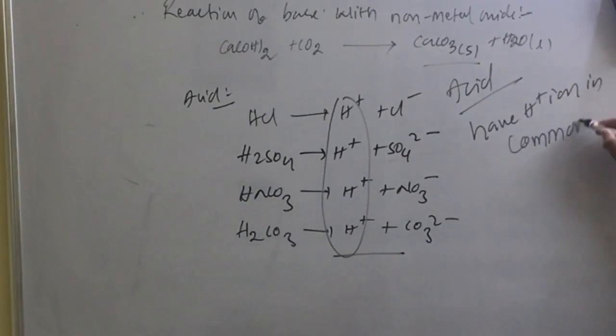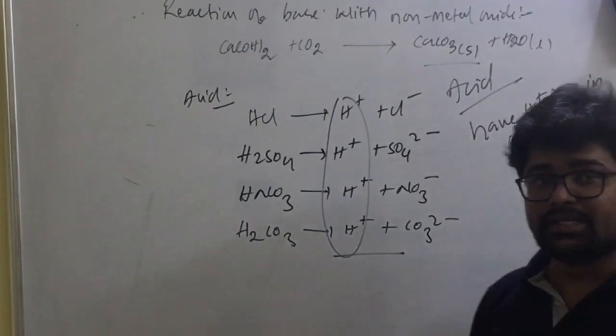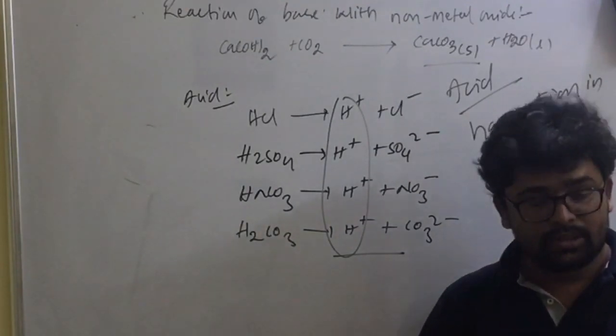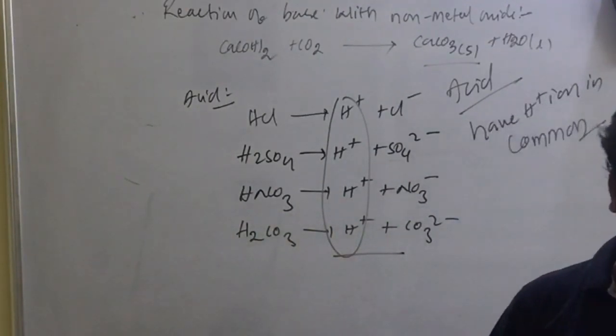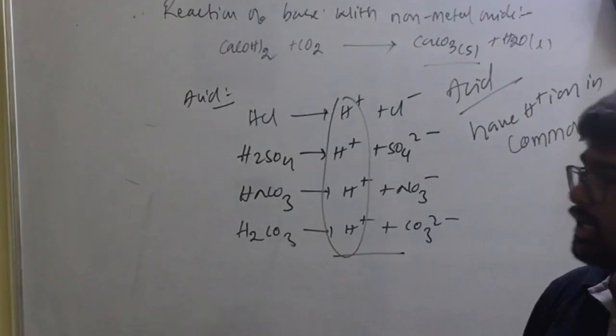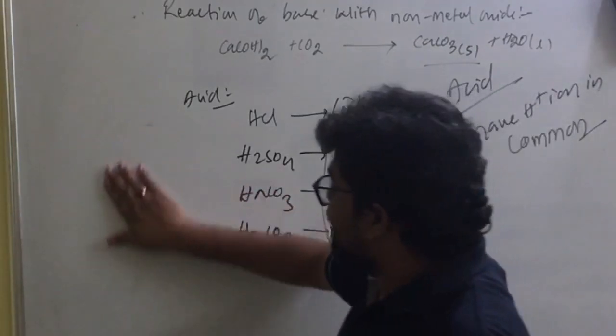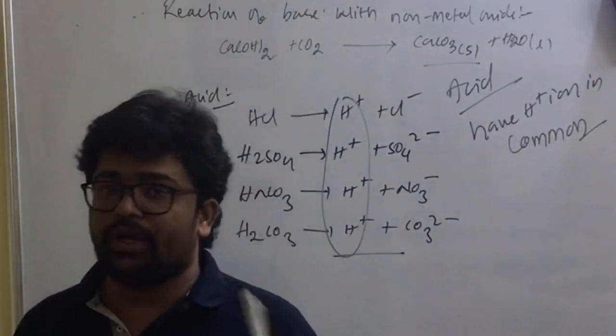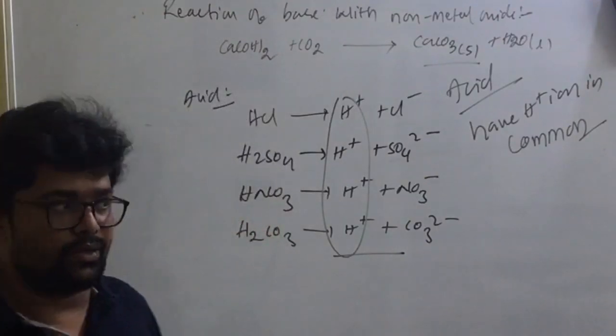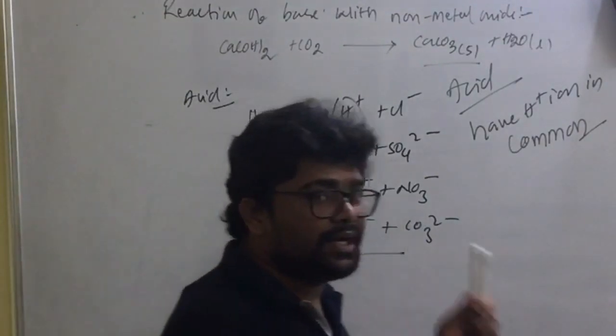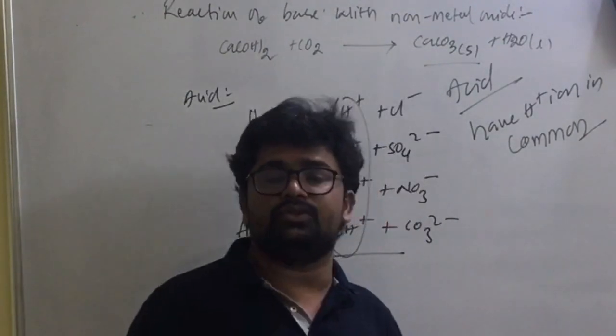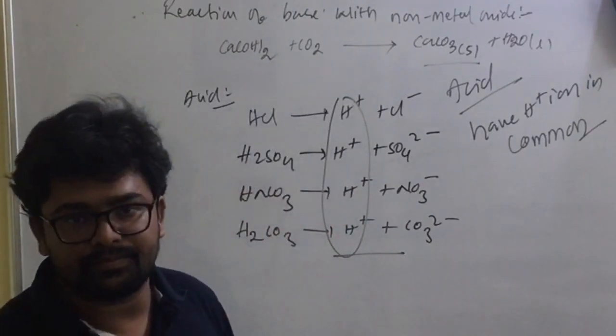Now the question comes, do acids release H+ ions in aqueous solution or not? It's an important activity. When do these acids release H+ ions? Acids release H+ ions in the presence of aqueous solution.